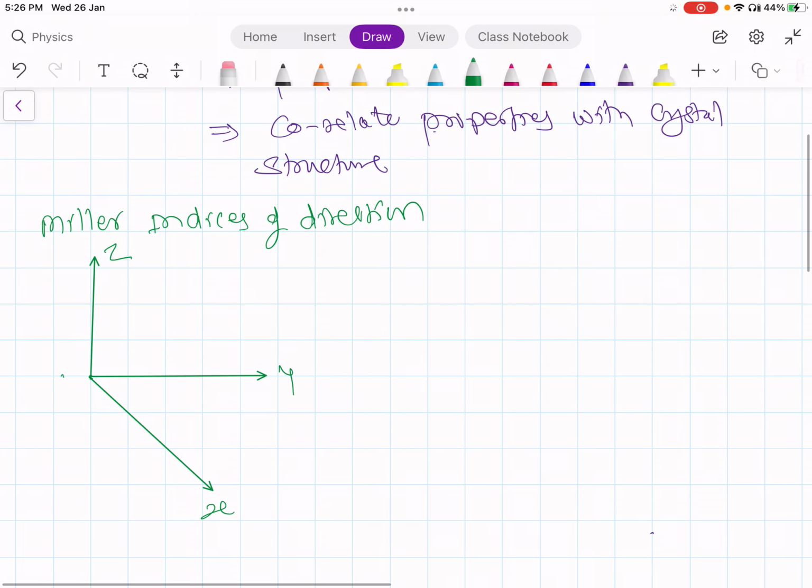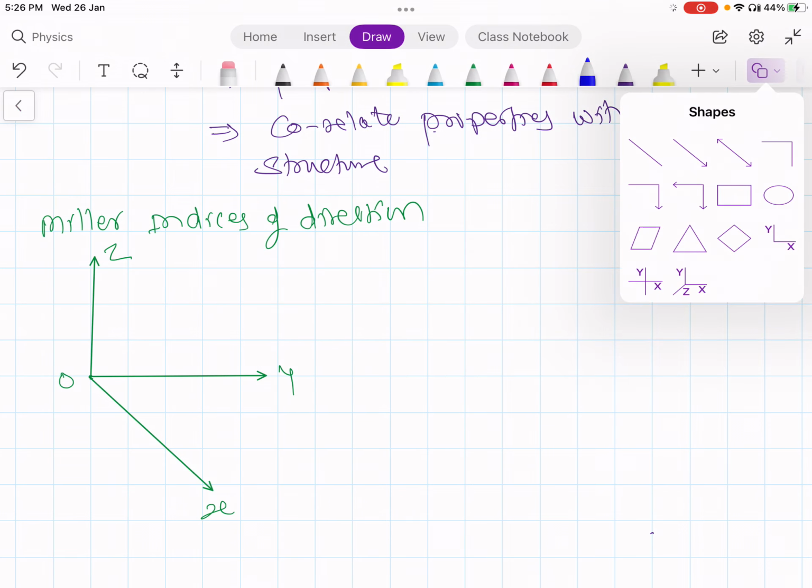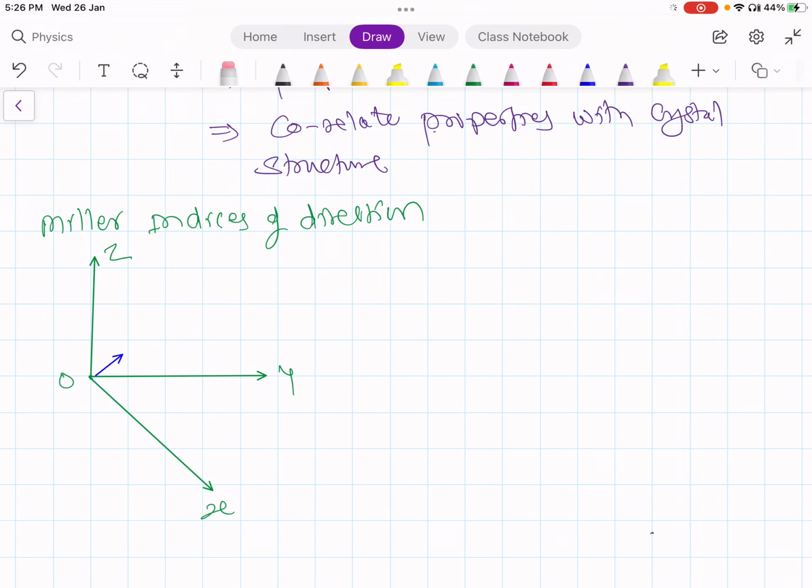Obviously this is the origin O. Then this is the direction. Let us say this is the directional vector r. R is the directional vector.